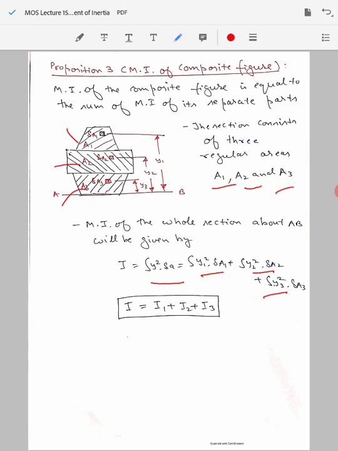So it will be the integral of y1 square delta A1 plus the integral of y2 square delta A2 plus the integral of y3 square delta A3, which are nothing but I1, I2 and I3, the moments of inertia of these three sections, which you know already. So by dividing a complicated figure into regular shape figures whose moment of inertia you already know, you can obtain the moment of inertia of that complete complex section.